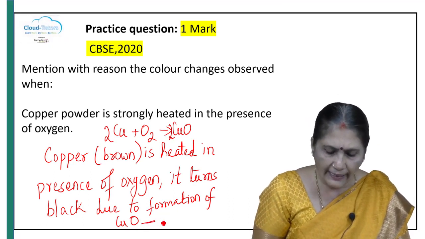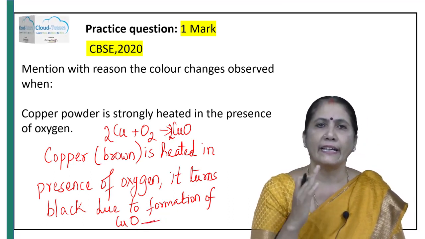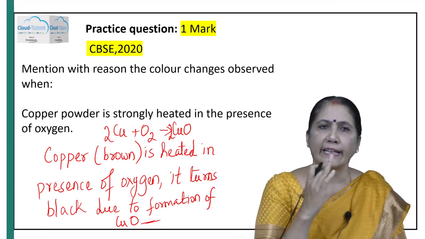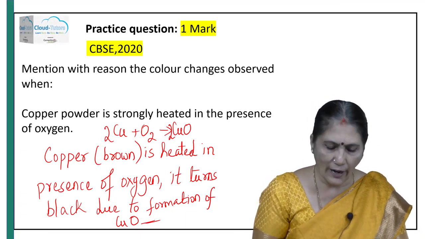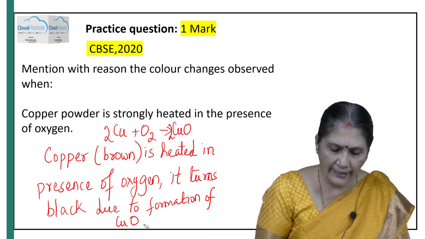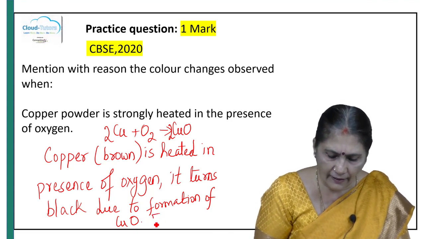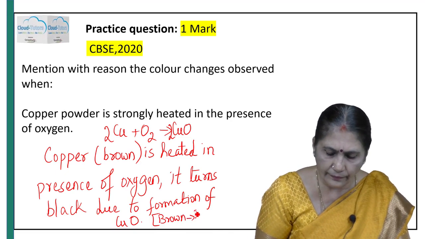So black color of copper oxide is the product formed. So the color change observed is brown to black. So you have to just mention in specific the answer brown to black.